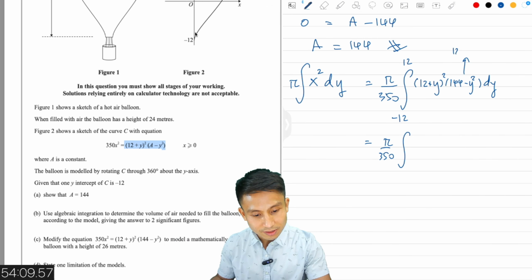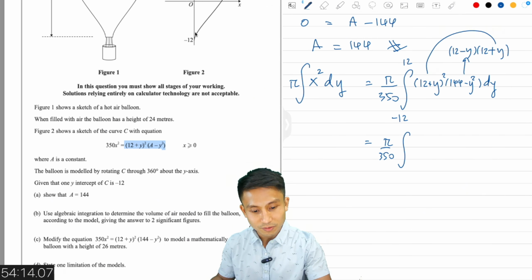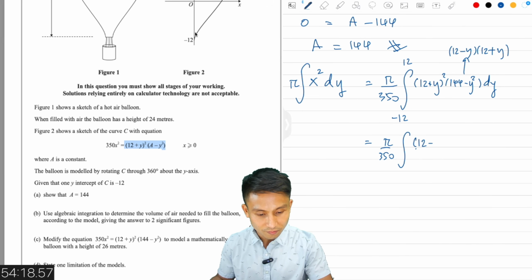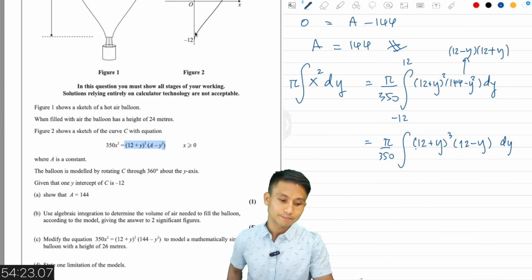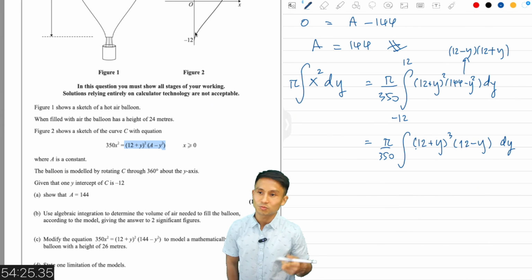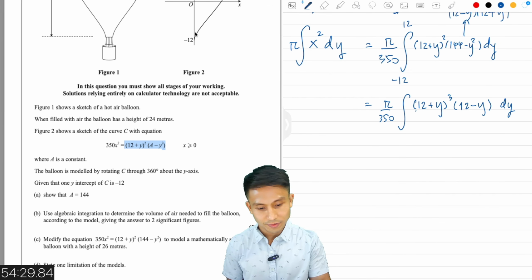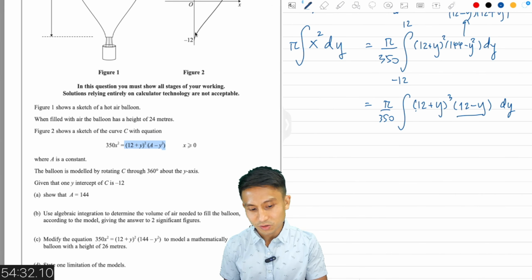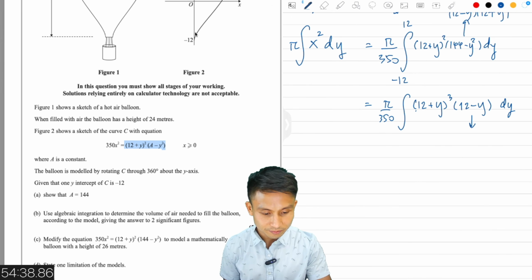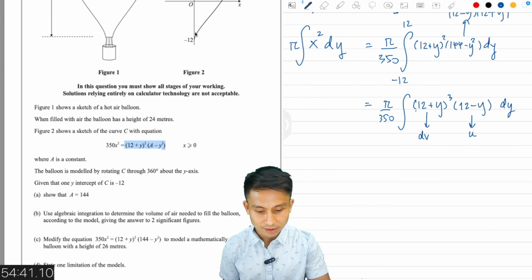Here, this is 12 minus y and 12 plus y, so one of them can merge into this, so I have 12 plus y cubed, just multiplied by 12 minus y instead. How's that going to help me? Well, if I do it by parts, it might make it easier. So I could go for this to be u and this to be dv. So let's do by parts.